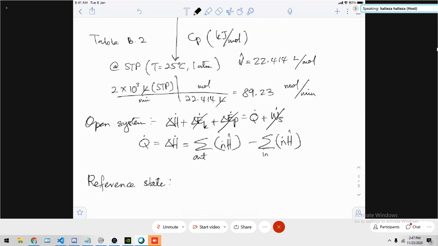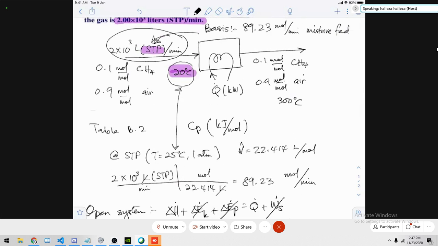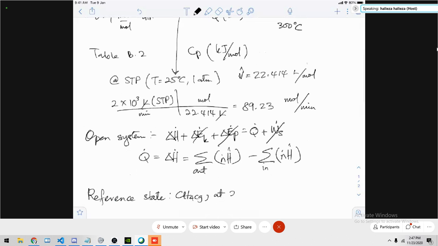You're going to have methane gas at the inlet condition, 20 degrees C, 1 atm. That's one. And your A is also gas. You're not going to have it at the same temperature as your methane.